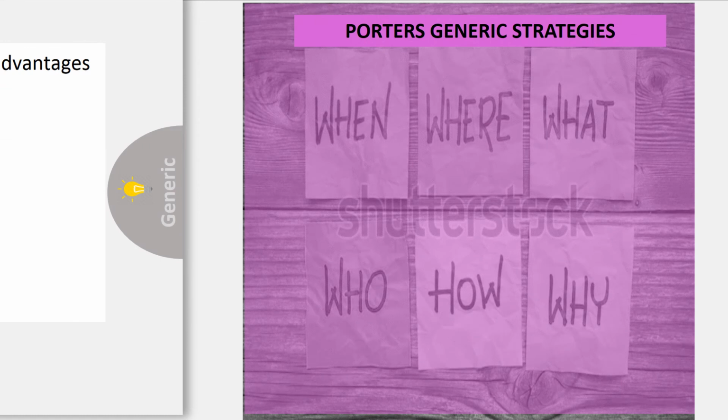So now we're going to look at Porter's generic strategies as another way to look at competition within another marketplace, be it domestically or internationally.